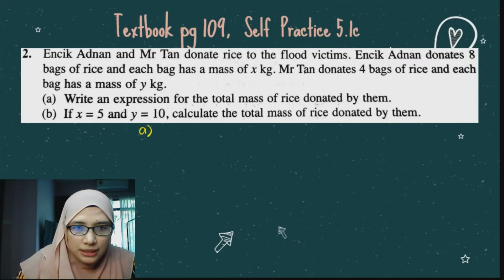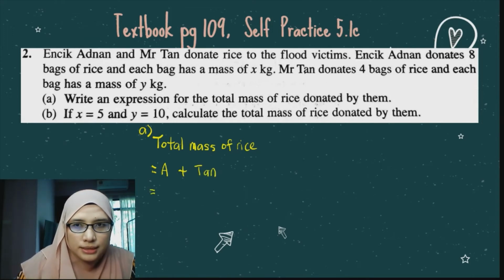So we need to find the total mass of rice, that is, we need to add Encik Adnan plus Mr. Tan. So total mass for Encik Adnan is, we multiply, 8 times x.